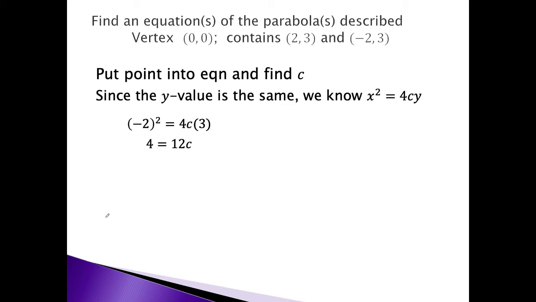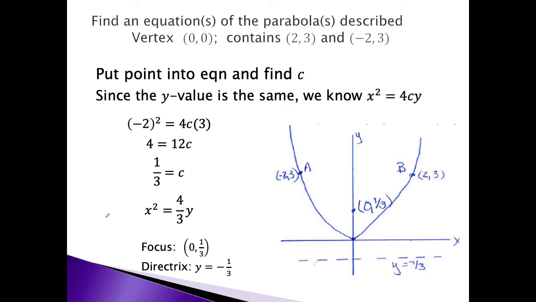So 4 equals 12c. So c equals 1/3. So x squared equals 4/3 y. Our focus is (0, 1/3). Our directrix is y equals negative 1/3. Our axis of symmetry is going to be x equals 0. And so our graph is going to look like a parabola opening upwards.